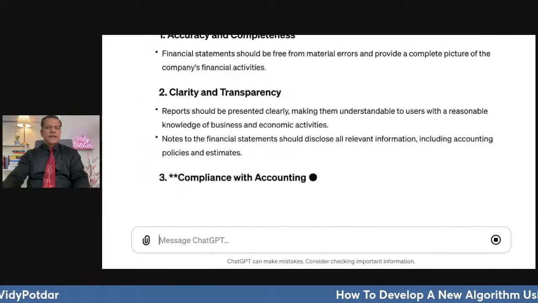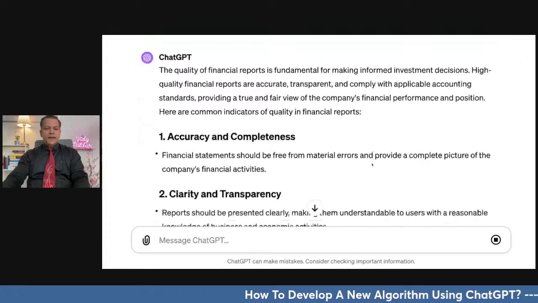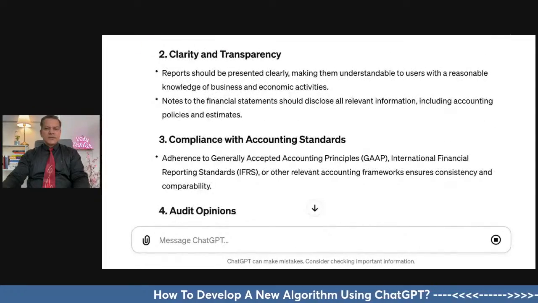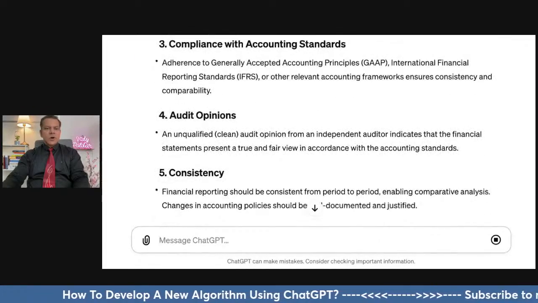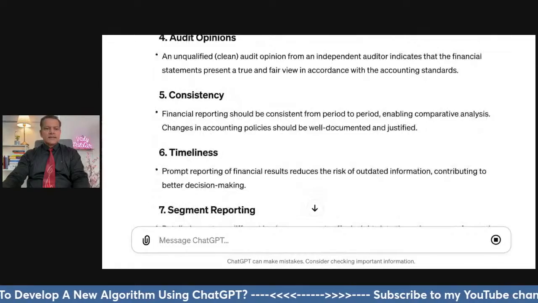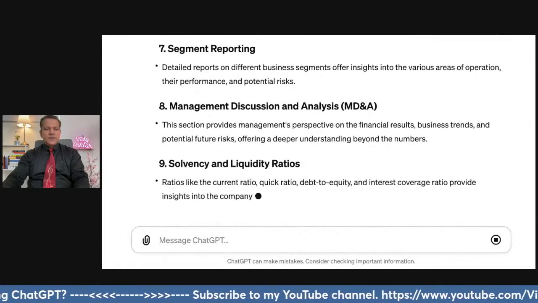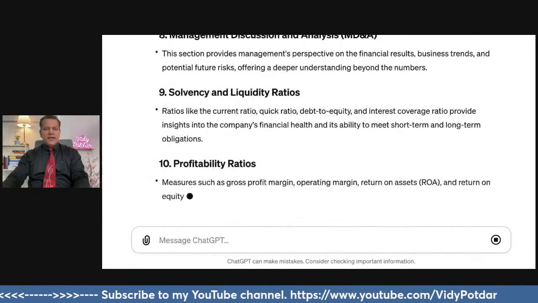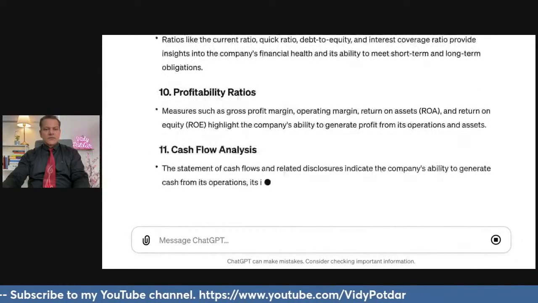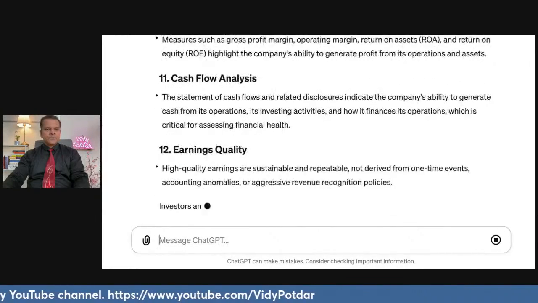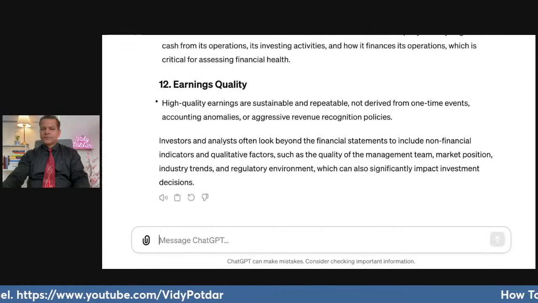So it is telling me that accuracy and completeness, clarity and transparency, compliance and accounting standards, audit opinions, consistency, timeliness, segment reporting, management decisions, solvency, liquidity, profit ratios, cash flow analysis, earning quality.